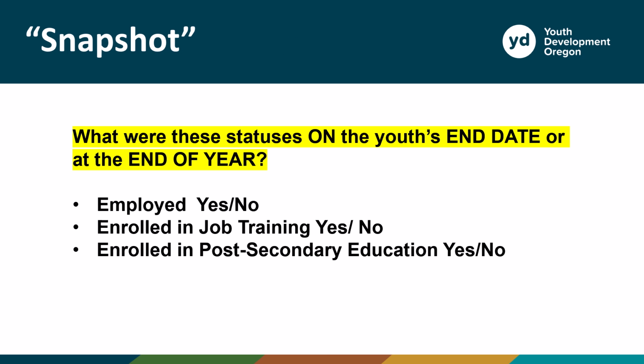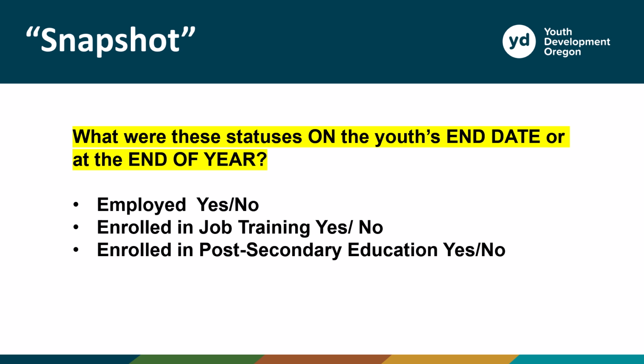Okay, so next we have three columns, and you can kind of think of these as snapshots. And so what we're asking is, what were these statuses on the youth's end date or at the end of the year? And so they may have been employed all throughout the year, but on their end date they are not employed.